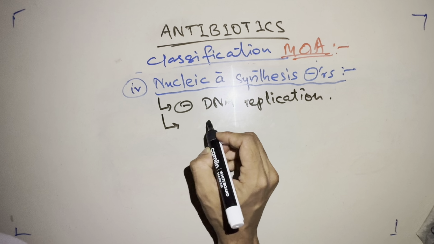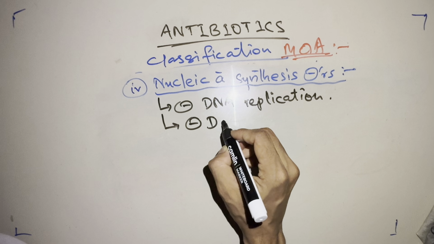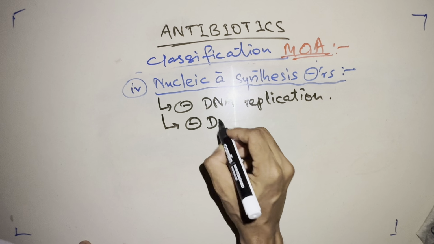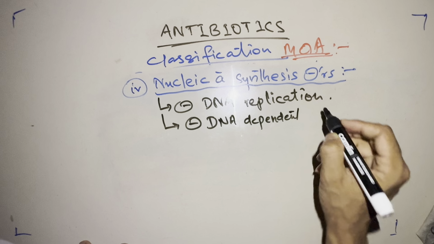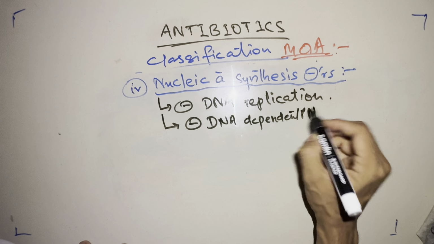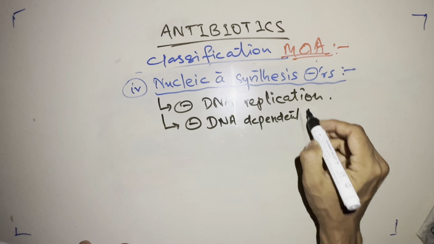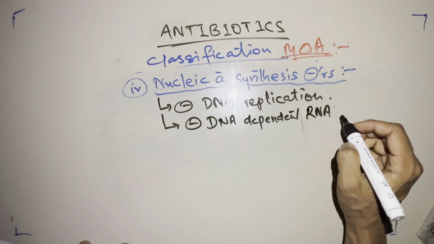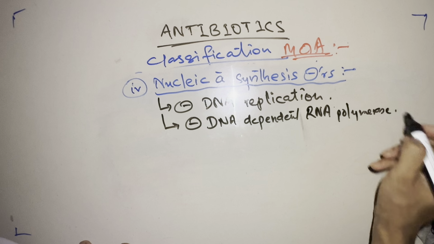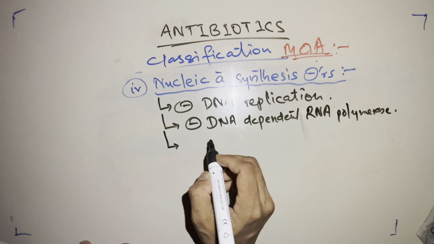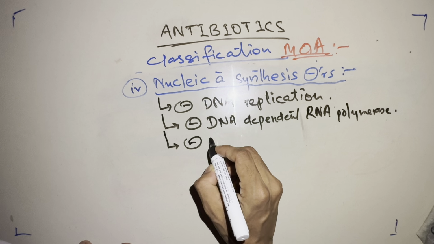Next, by inhibiting the activity of DdRp, that is DNA dependent RNA polymerase. Next, by inhibiting viral RNA dependent RNA polymerase.